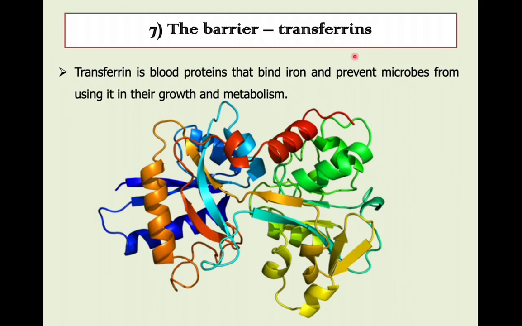So jumpa je free iron, dia tak akan bagi chance ke bakteria, dia akan pegang iron tu dan akan transport it. Okay, so that's why there is always low concentrations of free iron in our body.